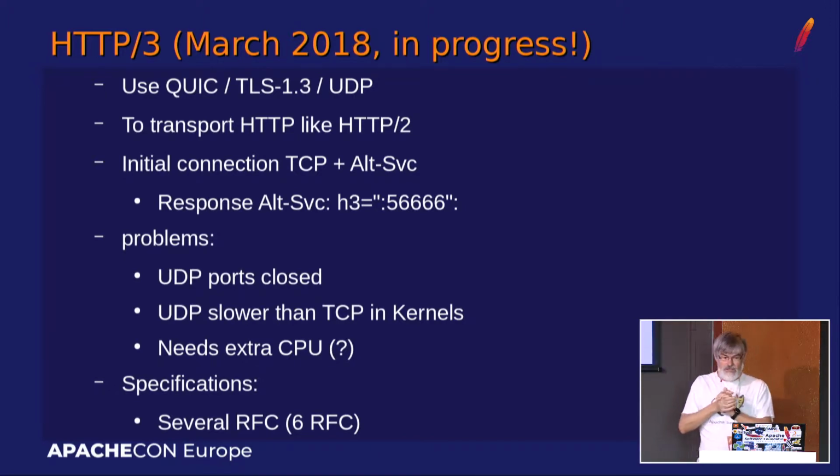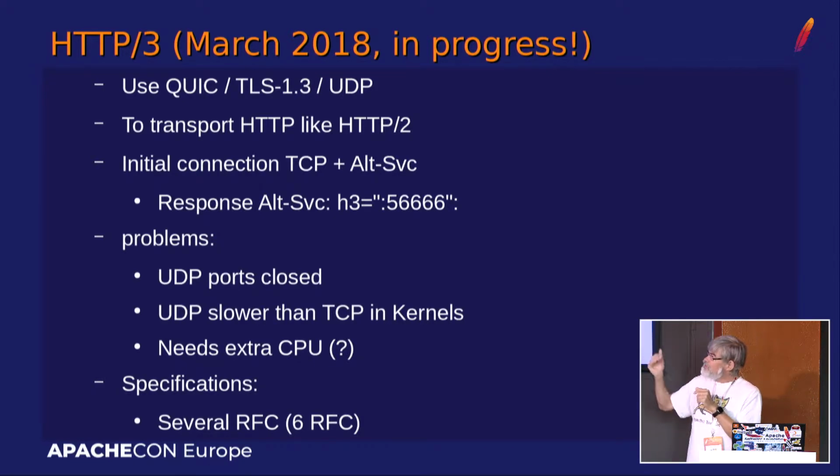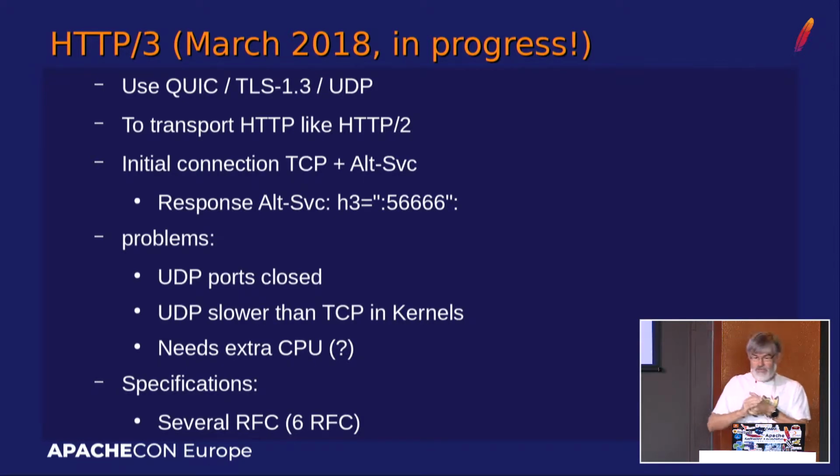The alternate service is H3 in my example, and that's the port where H3 is running on that server. Then the browser could go on either staying where it is or using H3 on that port.